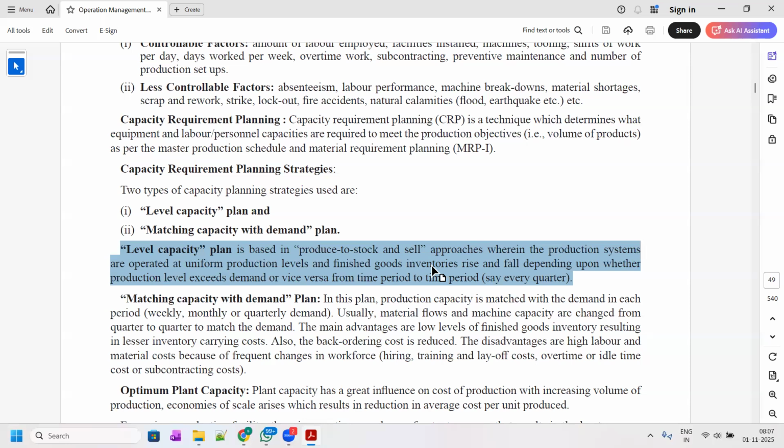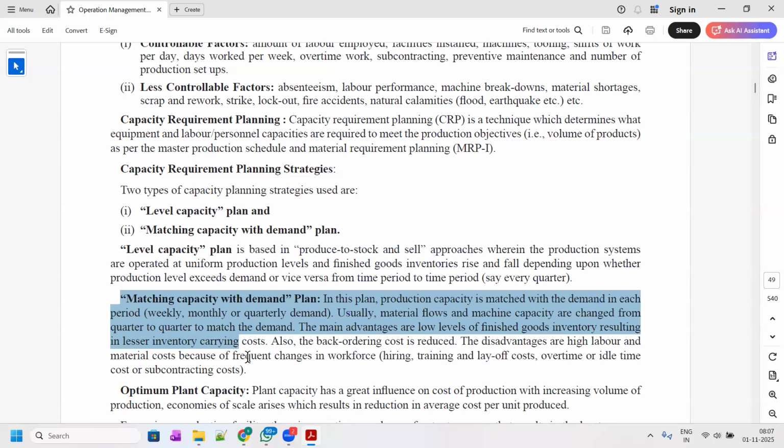Next, okay, sir, we'll talk about matching capacity with demand plan. So when we talk of matching capacity with demand plan, here we are saying that your production is adjusted to match demand in every time period. It can be weekly or monthly or quarterly. And the advantages of using this are low inventory and few back orders.